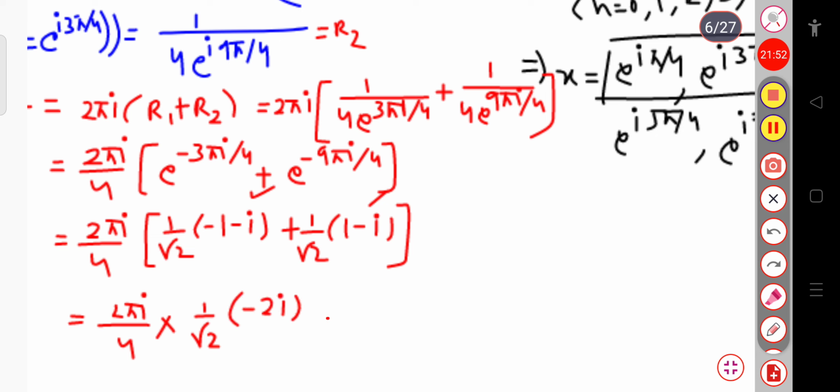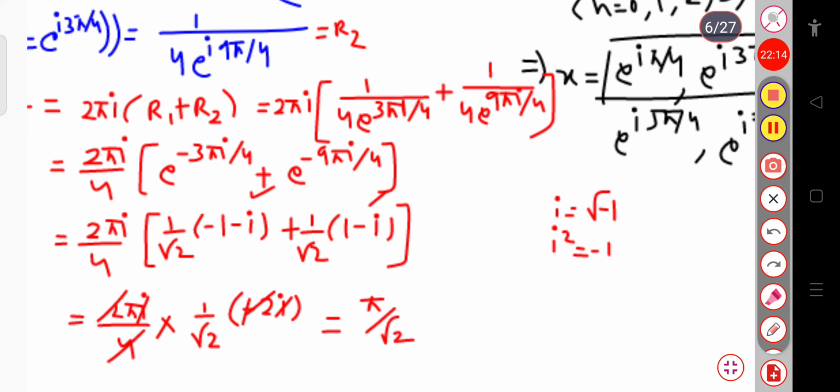The value of i is root over minus 1, so i square is equal to minus 1. So i square, minus 1 and this minus 1 get cancelled, that will be positive. So 2 pi into 2, that will be 4 pi, and this 4 cancels with that 4. So the final answer will be pi divided by root 2.